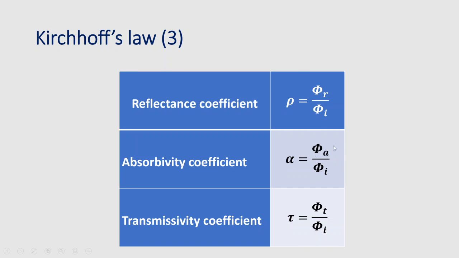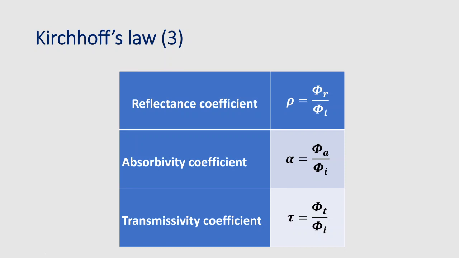The ratio between the absorbed flux and the incident flux is called alpha, which stands for the absorptivity coefficient, while the third coefficient, called tau, is equal to the ratio between the transmitted flux phi t and the incident flux phi I, and is called the transmissivity coefficient.